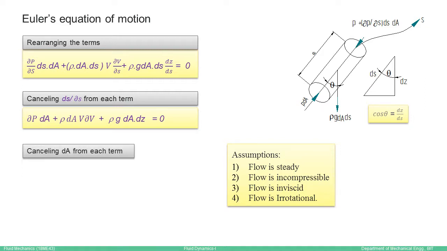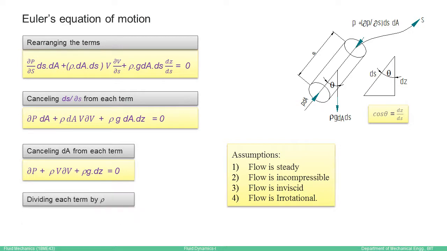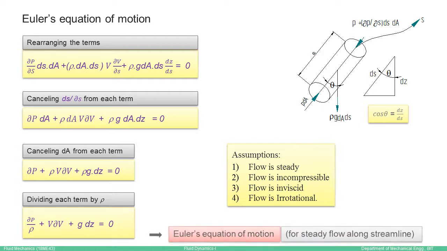And now cancelling dA in each term, we get dou p plus rho v dou v plus rho g into dz is equal to 0. And dividing the equation by rho, we end up with dou p by rho plus v dou v plus g into dz is equal to 0.